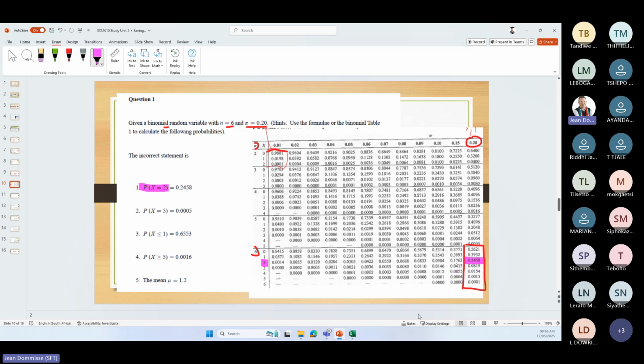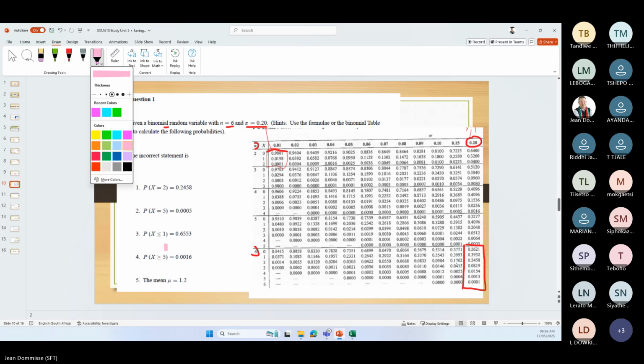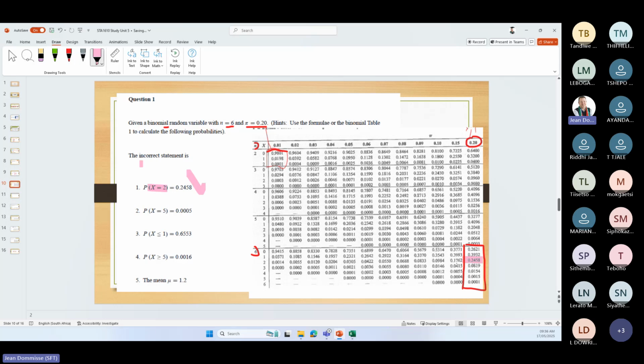So the probability, and let's maybe get a lighter color, probability is 0.2458, which is correct, but we're looking for the incorrect one.